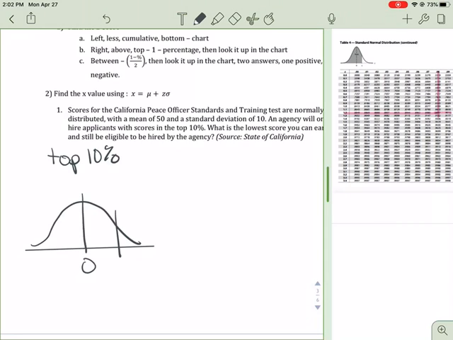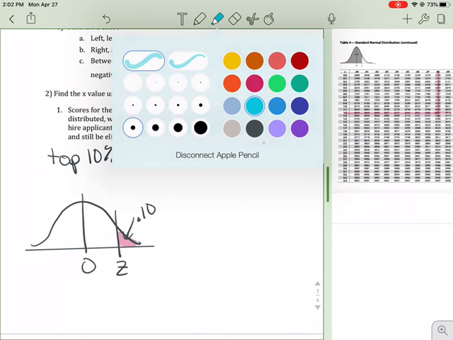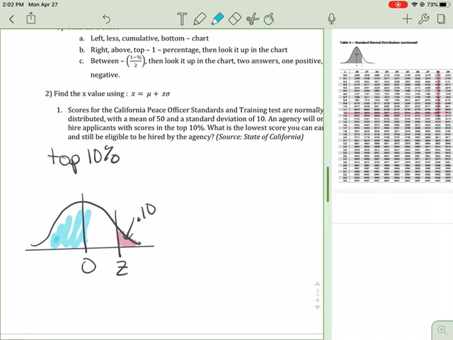Okay, here's our normal curve. Since I want the top 10%, it means this section is 0.10. And we want the z that corresponds with that. Now, since we're in the top, again, our chart goes from the number to the left. We have to do 1 minus because this is the area that our chart goes to.